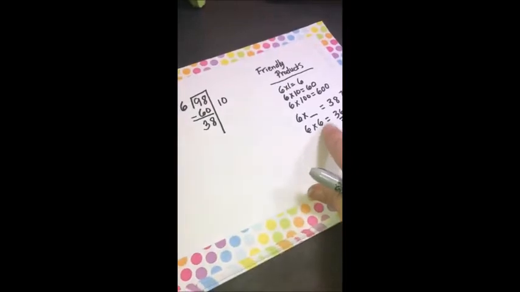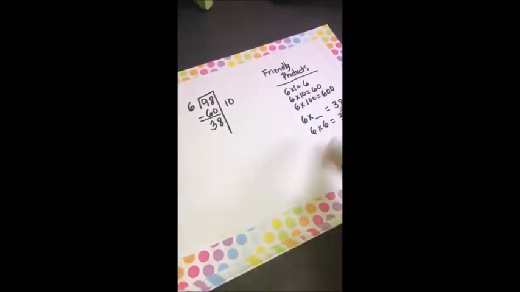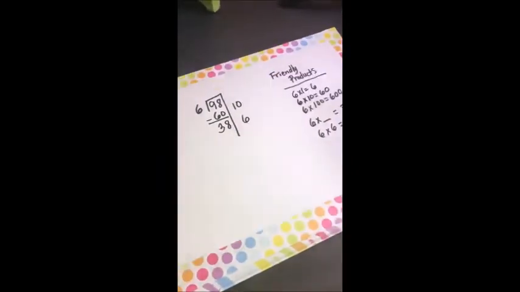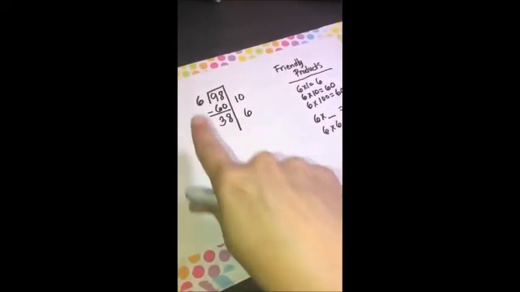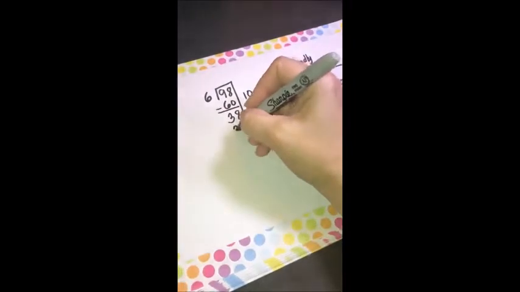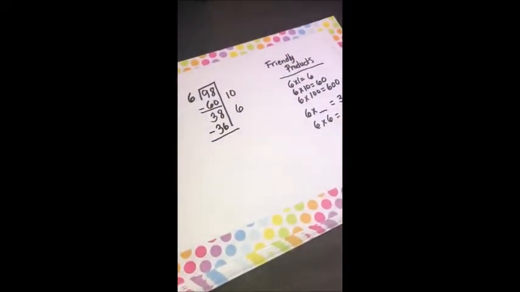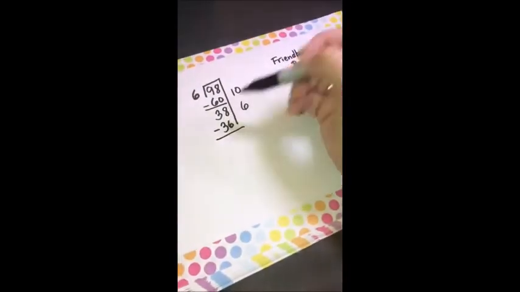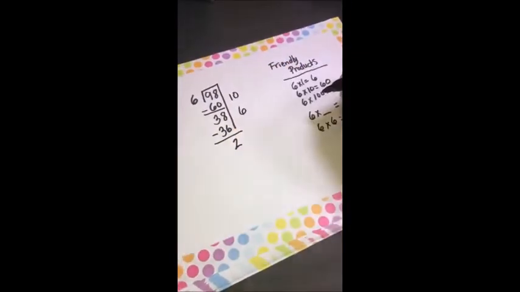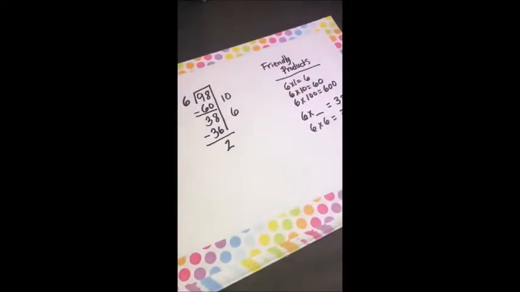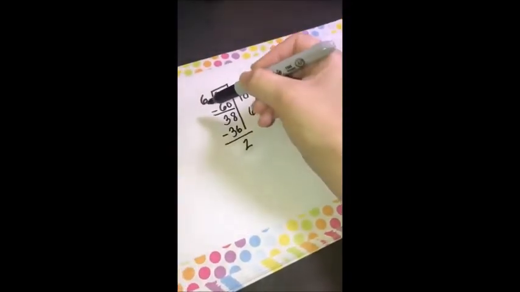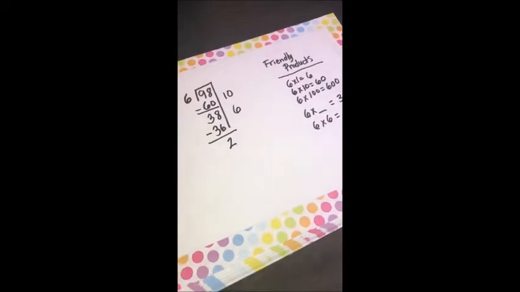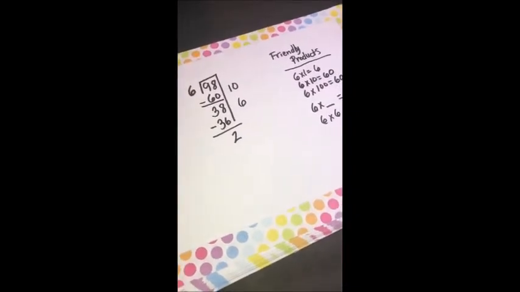So guess what? I can make 6 more groups. So I can put 6 more in those groups of 6, and that means I would take 36 away and do my subtraction. 8 minus 6 is 2, 3 minus 3 is 0. So I have 2 being less than 6, so I can't divide the 2 up evenly.